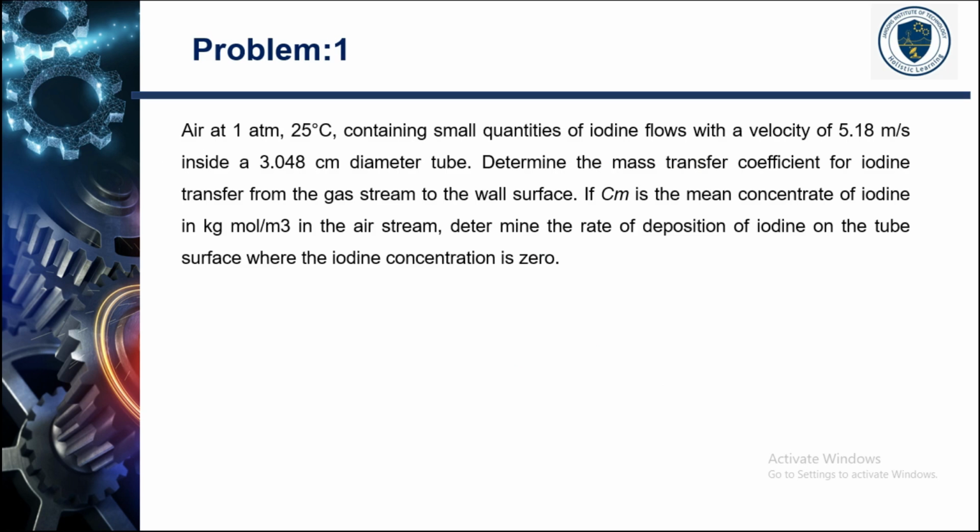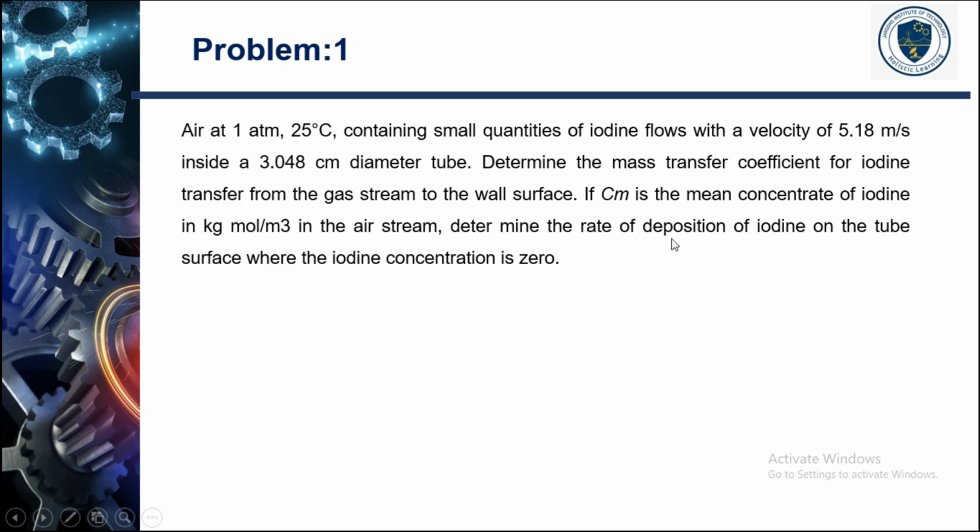Now consider this problem. Air at 1 atmospheric pressure and 25 degrees Celsius containing a small quantity of iodine flows with a velocity of 5.18 meter per second inside a 3.048 centimeter diameter tube. Determine the mass transfer coefficient for iodine transfer from the gas stream to the wall surface, if Cm is the mean concentration of iodine in kilogram mole per meter cube in the air stream.